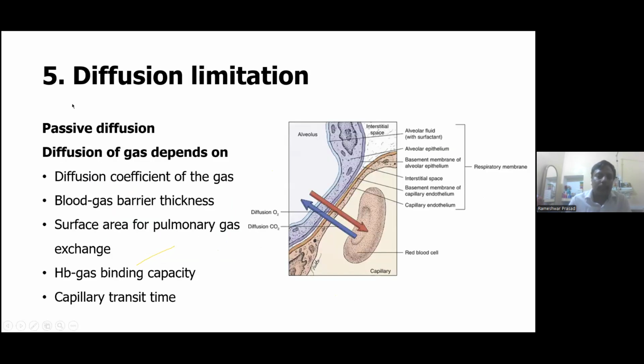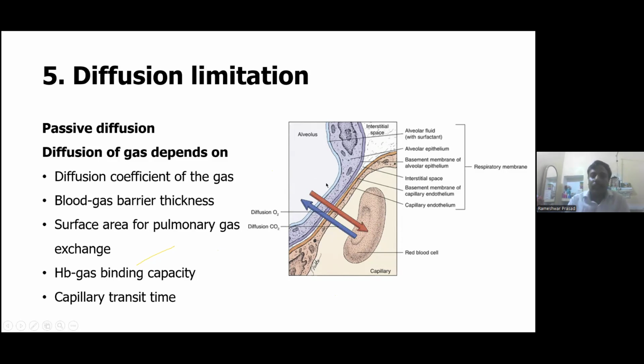A fifth cause of hypoxemia is diffusion limitation. We know that carbon dioxide and oxygen diffuse freely across this membrane. This membrane consists of the alveolar lining and surfactant, the cells, the basement membrane, the interstitial tissue, again the basement membrane of the capillaries, the endothelium, the plasma, and the RBC membrane, and then it goes inside to bind to the hemoglobin.